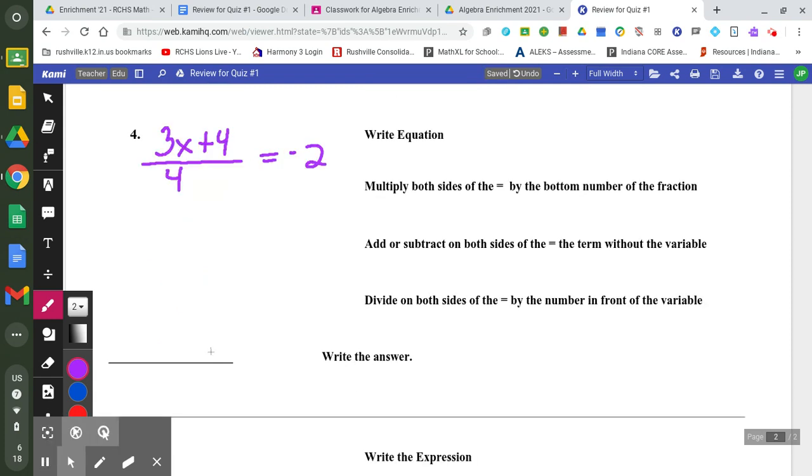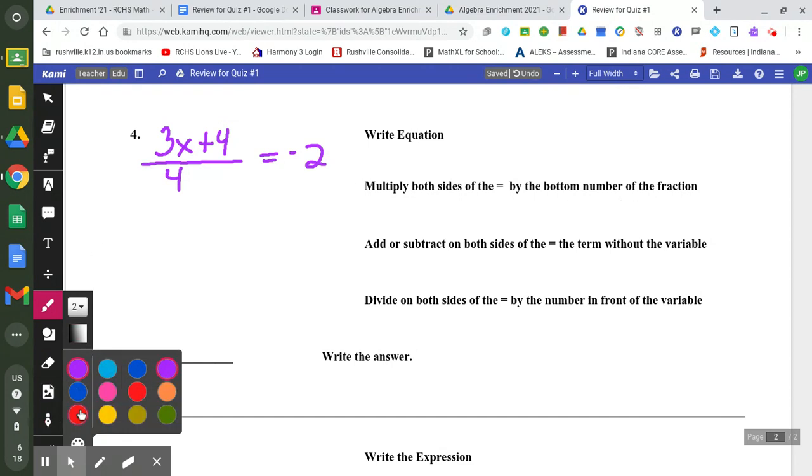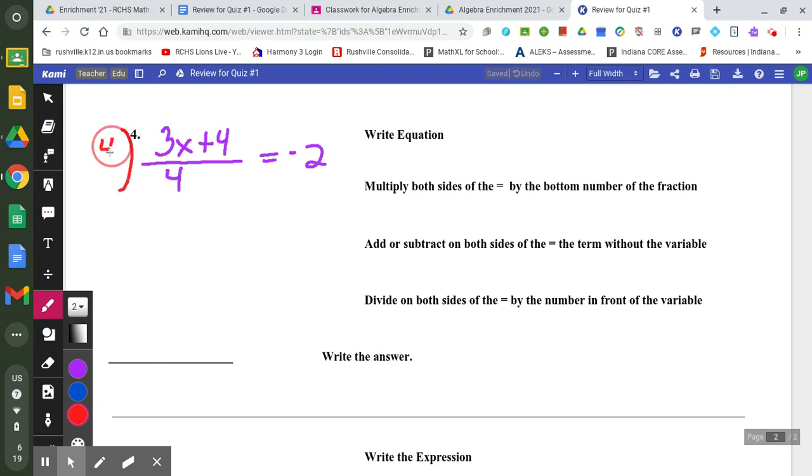So on number 4, I wrote my equation, (3x plus 4) divided by 4 equals negative 2. So the first thing I'm going to do is multiply both sides of the equal sign by the bottom number of the fraction. So the bottom number of my fraction is 4.